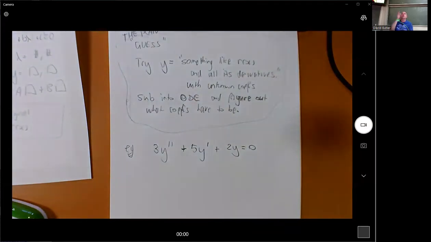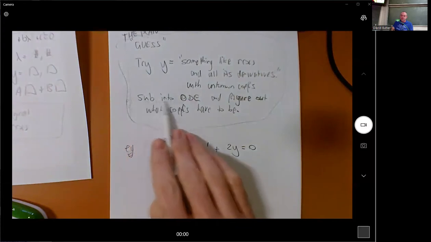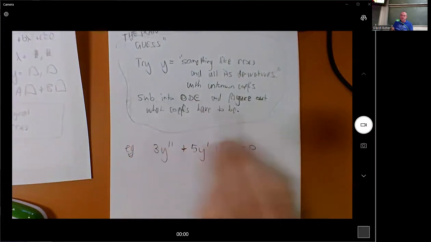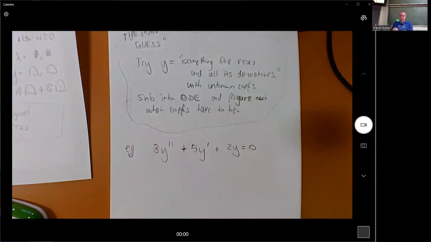Do you want me to tell you what some of the words are? So sub into ODE and figure out what coefficients have to be. But it just says coefs. Oh, yes.